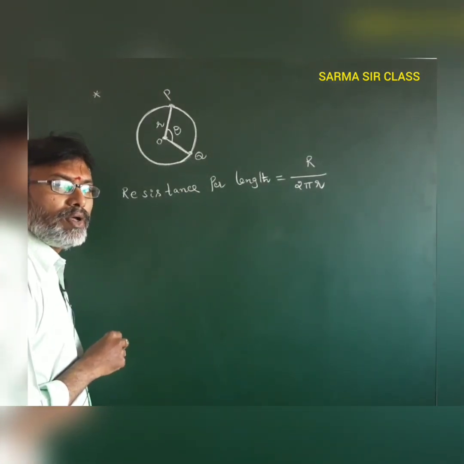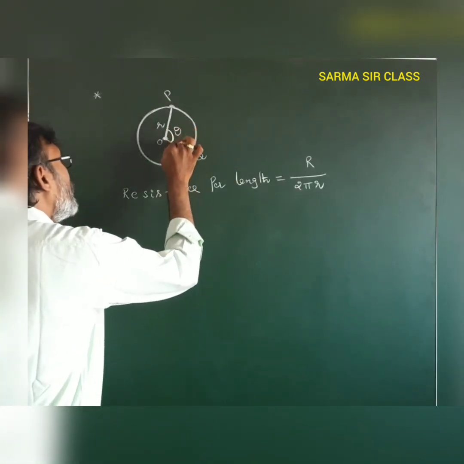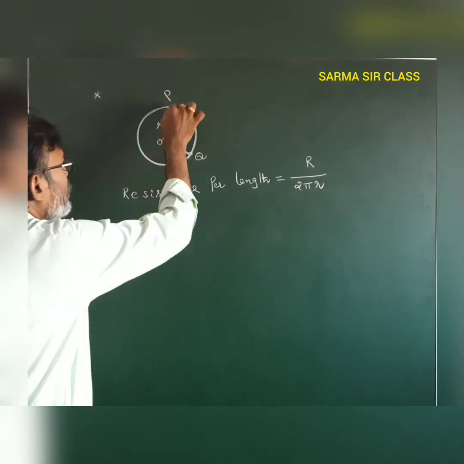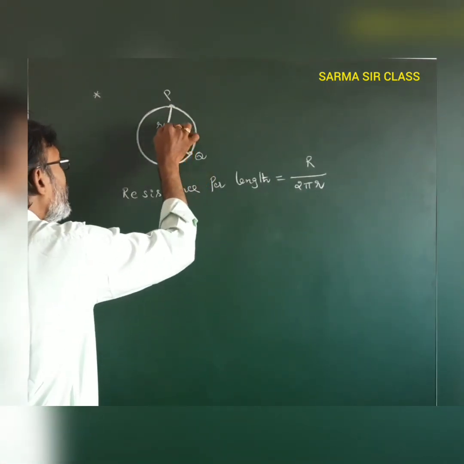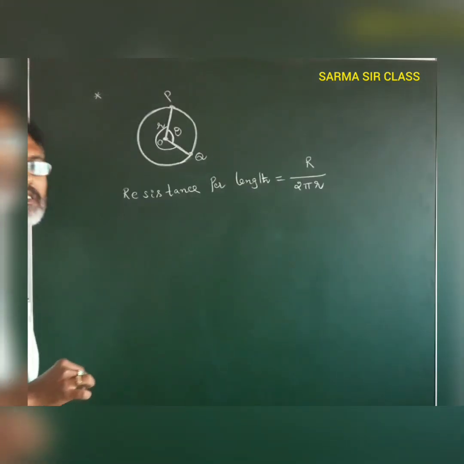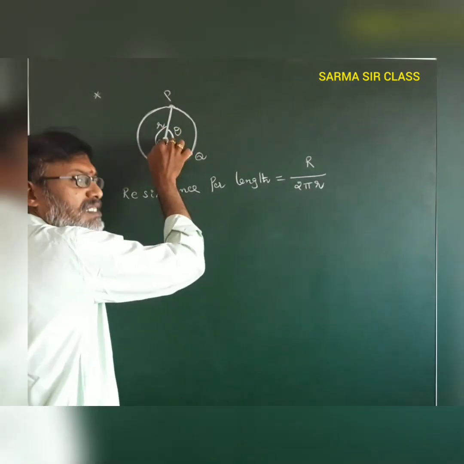Now if you consider theta, what is the resistance for this segment, and what about the remaining resistance? The total angle at the center is 360 degrees.